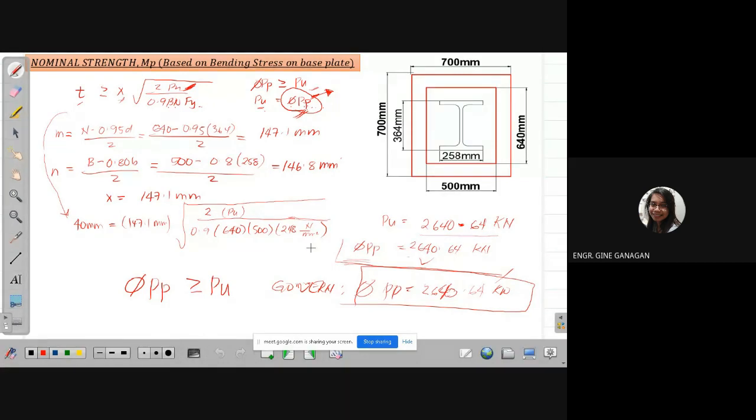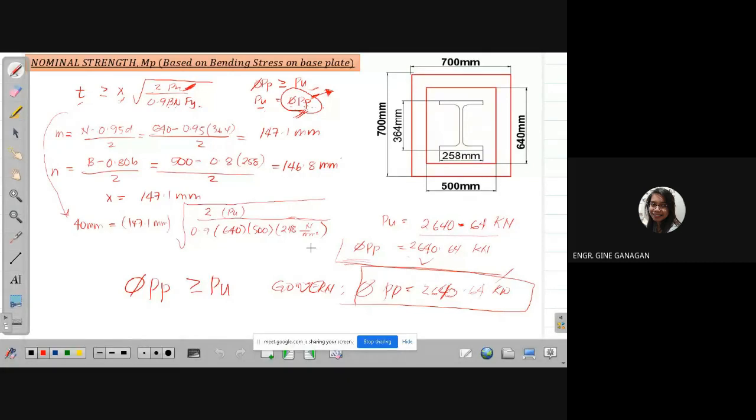But actually, parehas pa rin yung approach niya and parehas pa rin yung limit state natin. Kayo na lang yung mag-isip on how to solve naman if yung dinidesign nating base plate is a rectangular one.